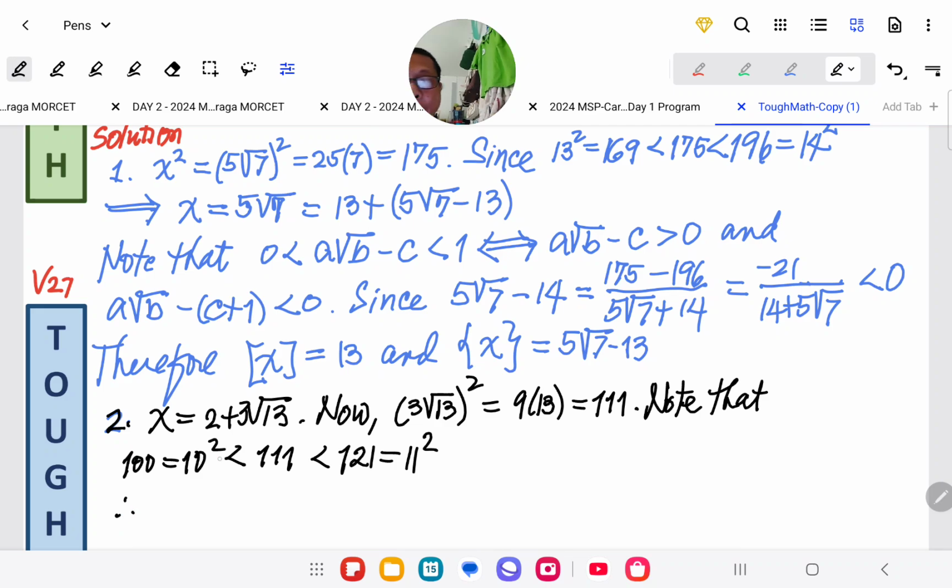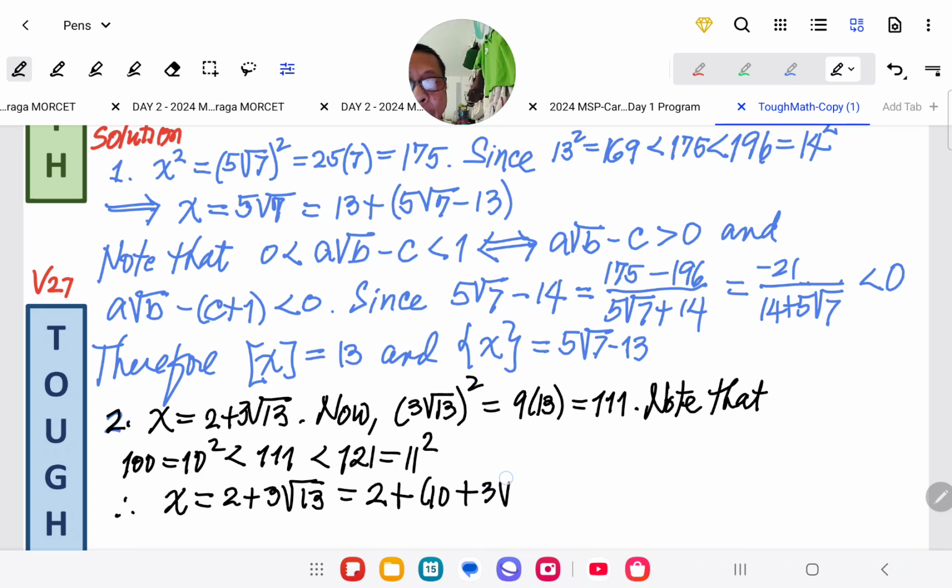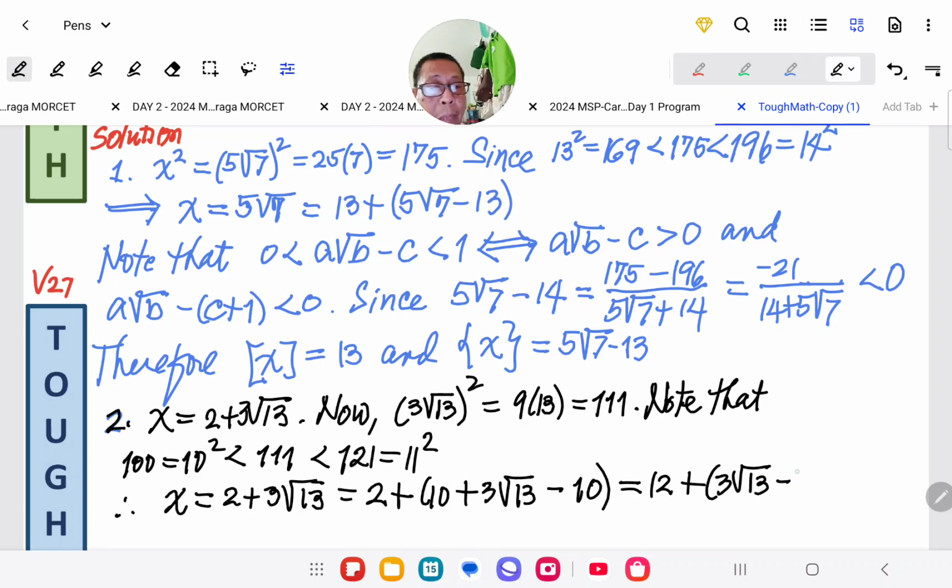So therefore x must be equal to 2 plus 3 square root of 13, which we can write as 2 plus 10 plus 3 square root of 13 minus 10, or this is equal to 12 plus 3 square root of 13 minus 10.